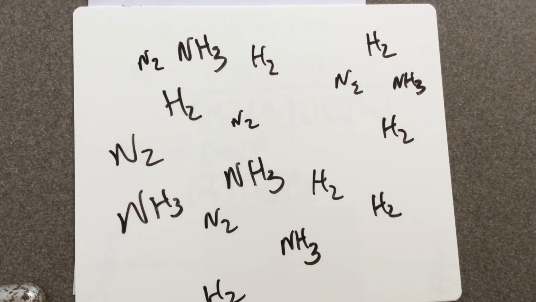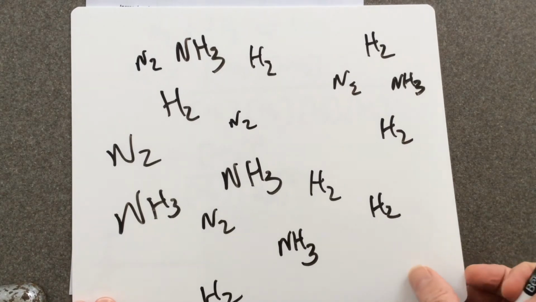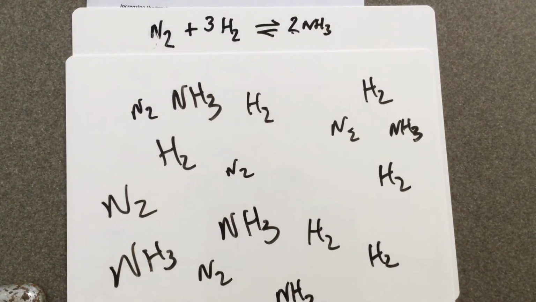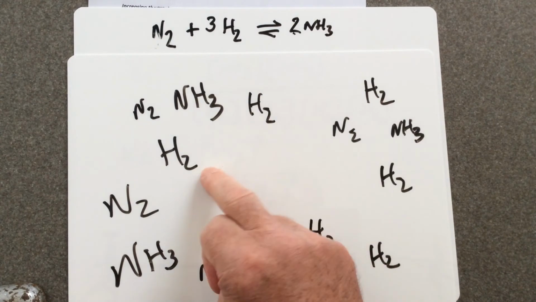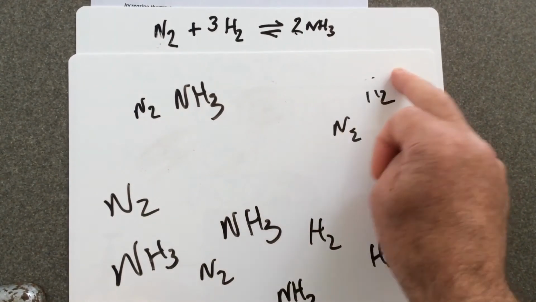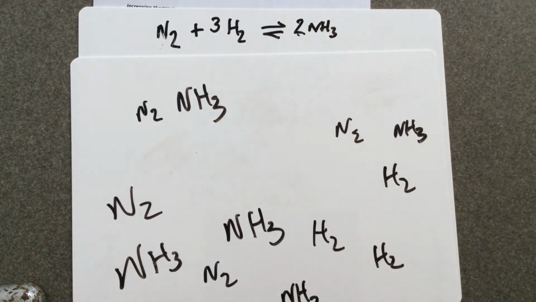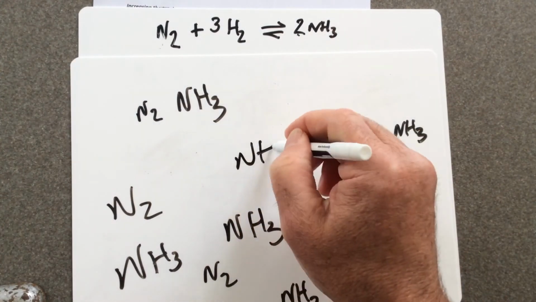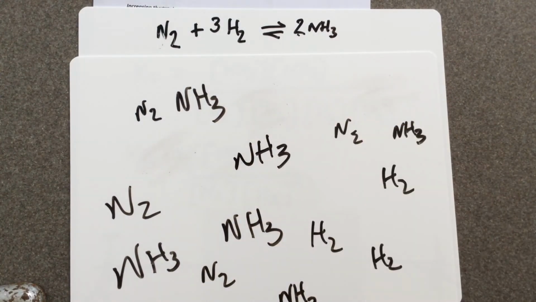How can it do that? Well, if you think about that balanced equation, if I take a nitrogen and react it with 3 hydrogens, I get ammonia. I've got fewer molecules in there, so the pressure has gone down.